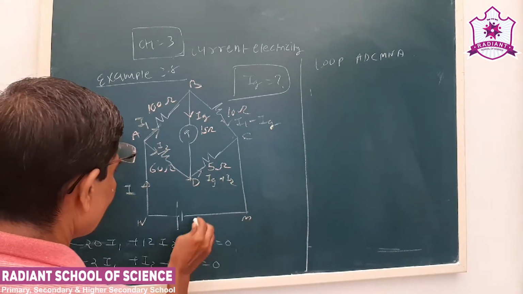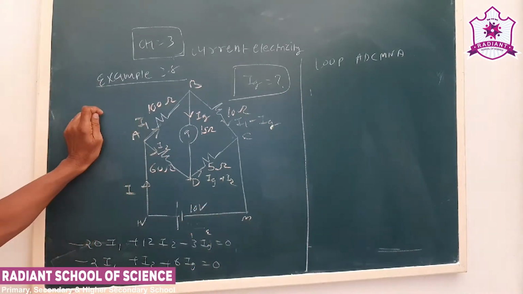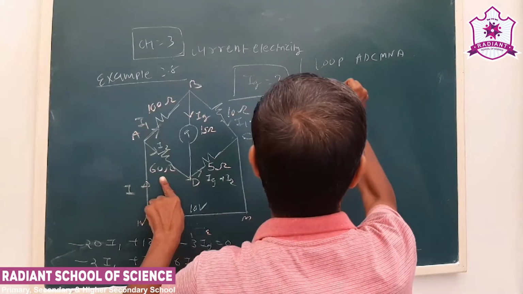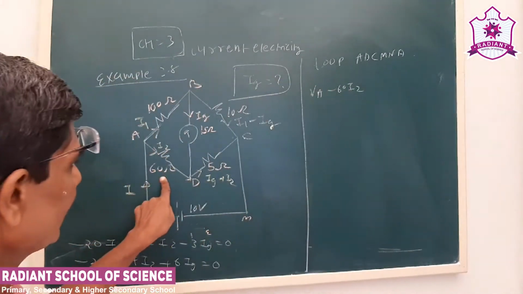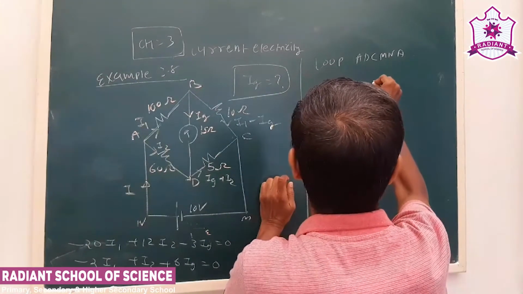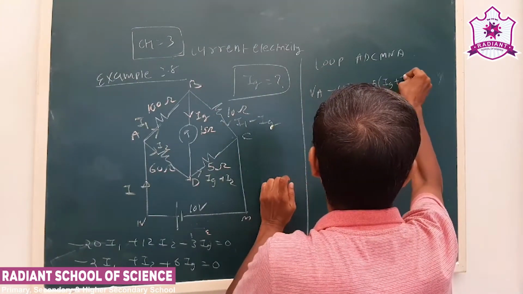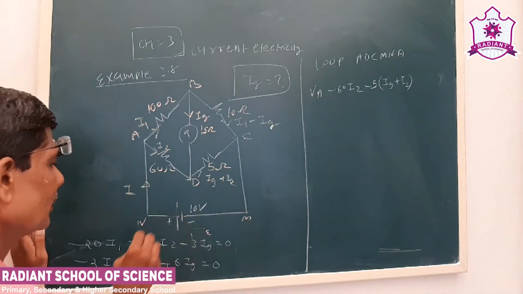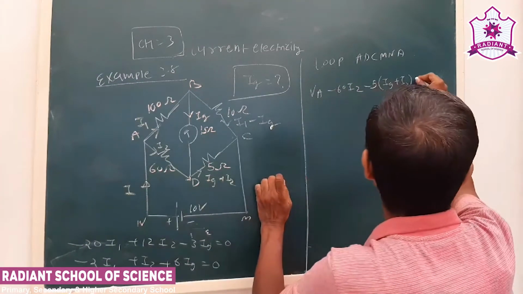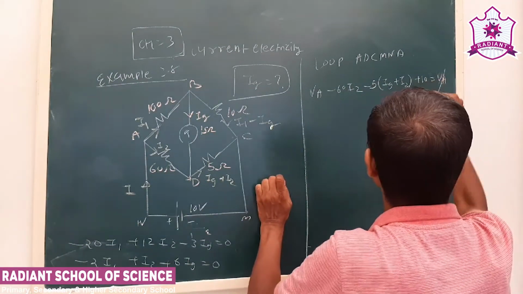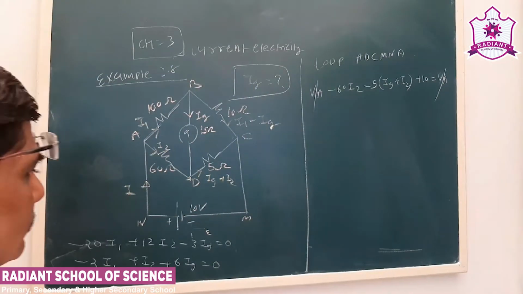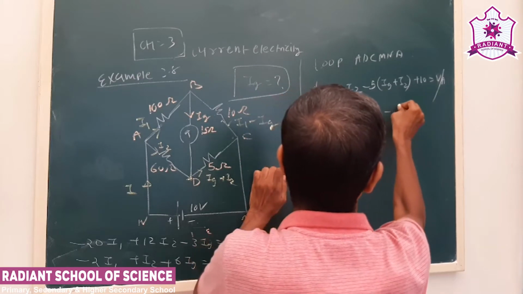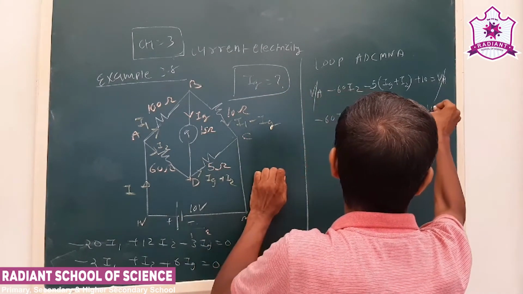Now the EMF of the cell is 10 volt. Starting from A, VA minus 60 I2. Then in DC minus 5 times Ig plus I2. Now the battery is plus 10. So minus 60 I2 minus 5 Ig minus 5 I2 plus 10.